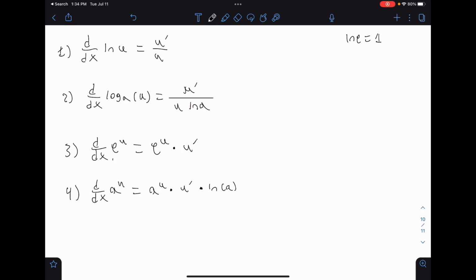It's very similar to e to the u, but if we multiplied e to the u by ln of e, that's equal to 1, just like in this case and this case here. So those are the general rules that we just learned.